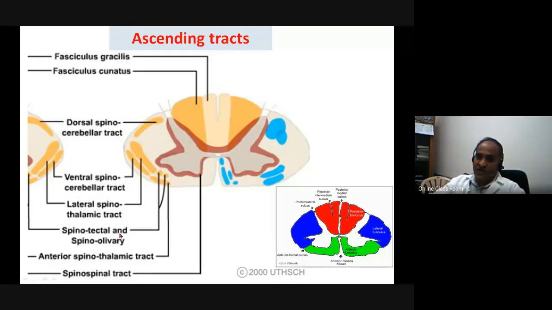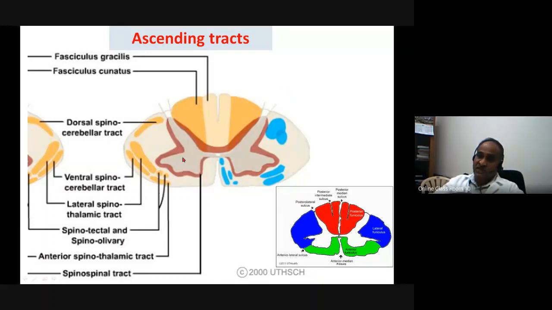The spinotectal and the spino-olivary fibers again ascend up, going to the tectum. These fibers help the olivary nucleus to control the cerebellar activity.